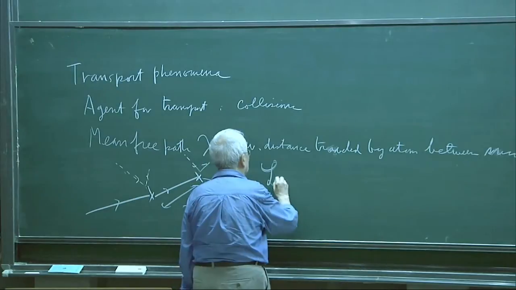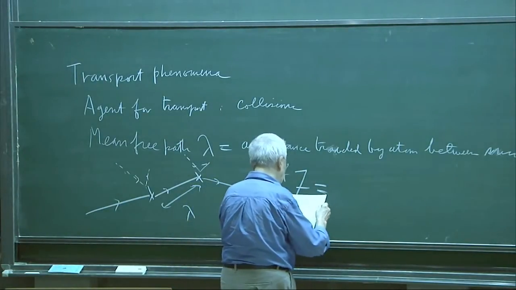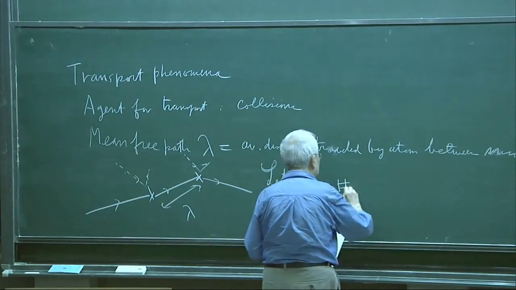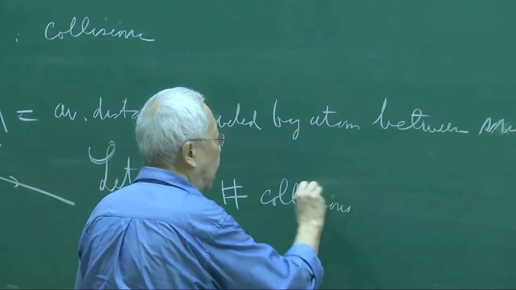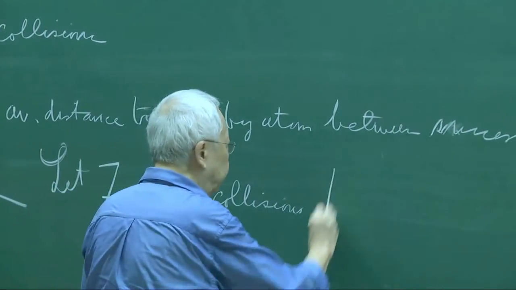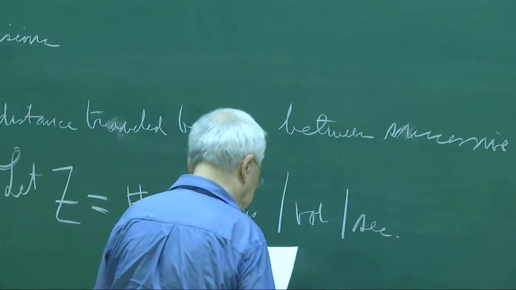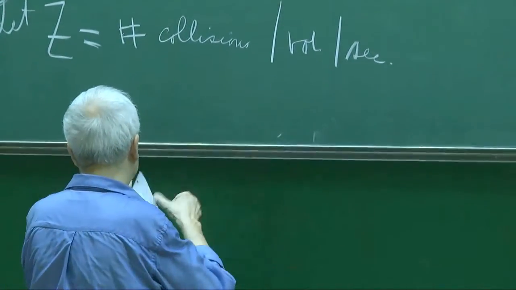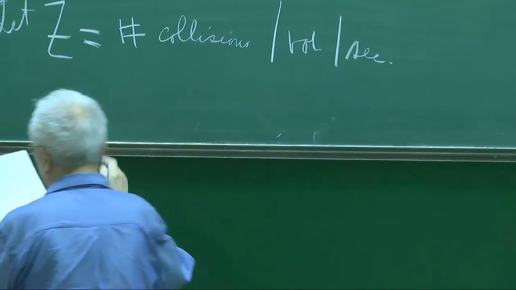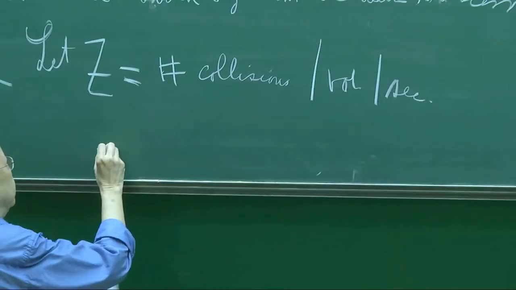So let Z be the number of collisions happening in the gas per unit volume per second. And you know what it is.